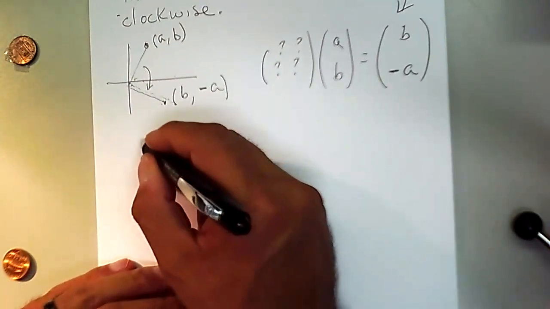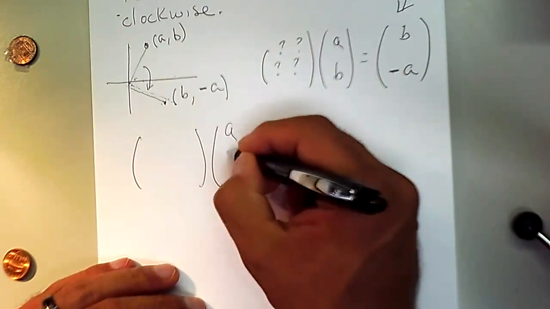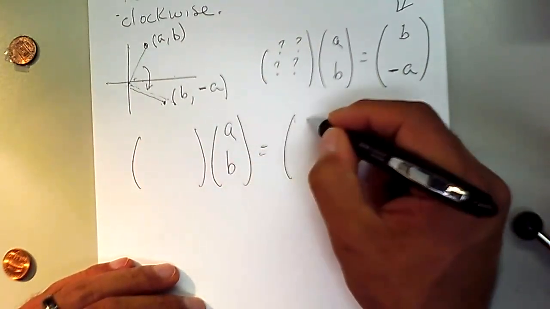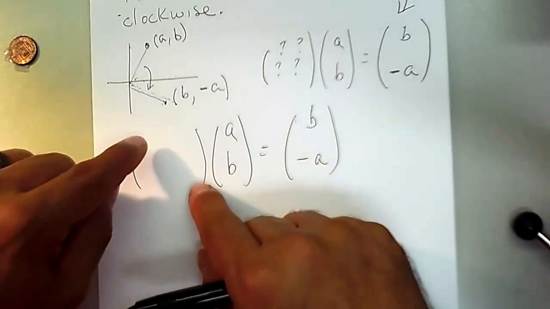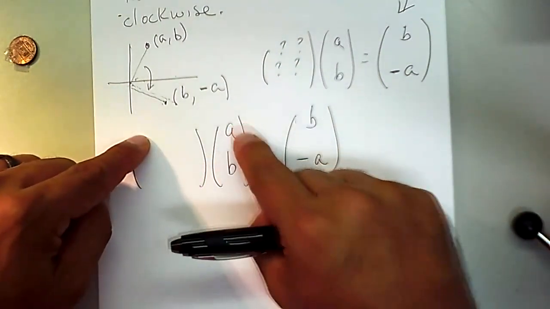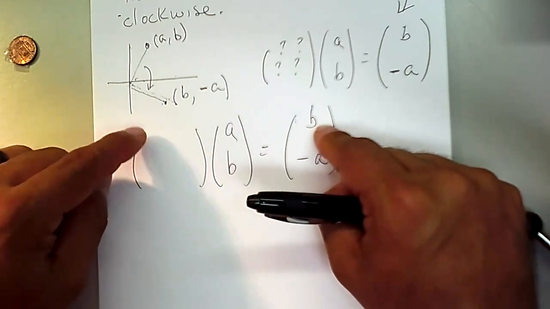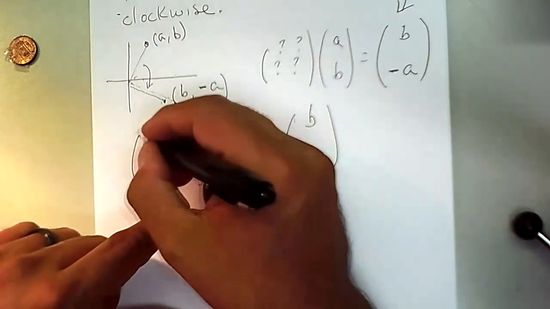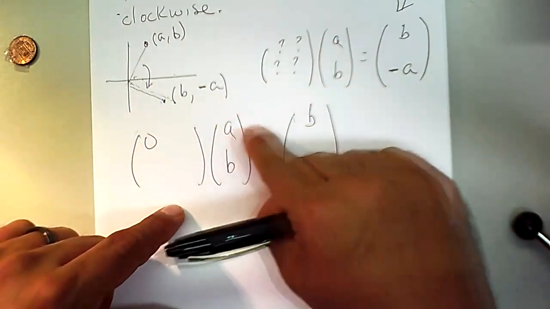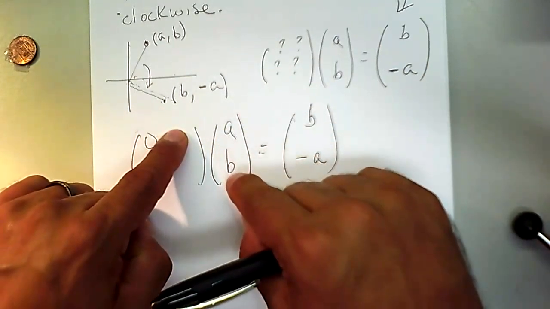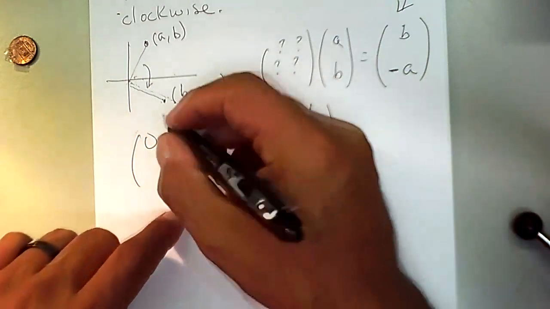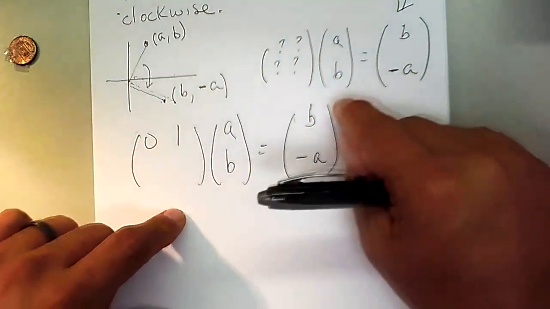So AB equals B, opposite of A. Whatever is here, we'll multiply with the A, but we want to end up with a B, so let's put nothing or 0, because we don't want A to be involved here. Whatever goes here has to multiply with a B, and we do want a B, so 1 will do.